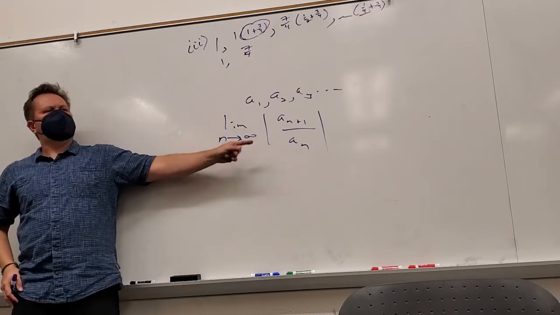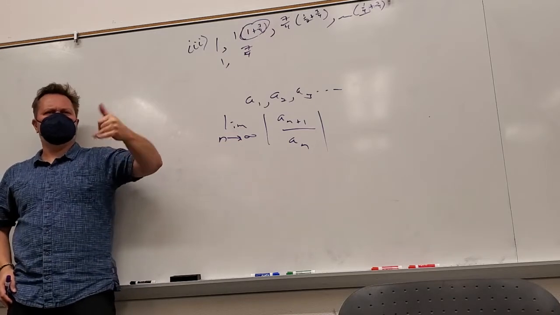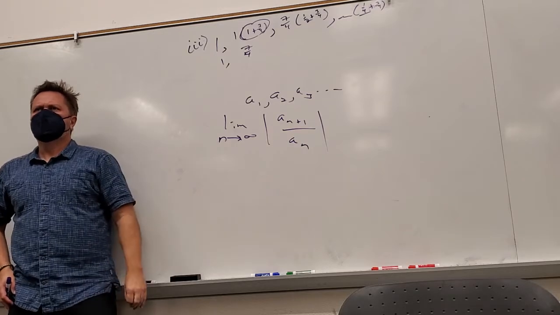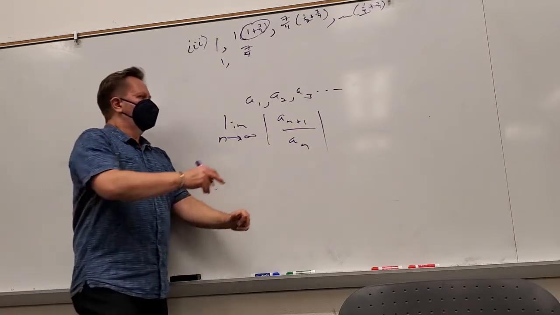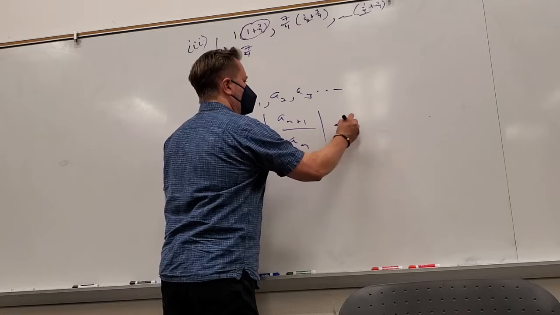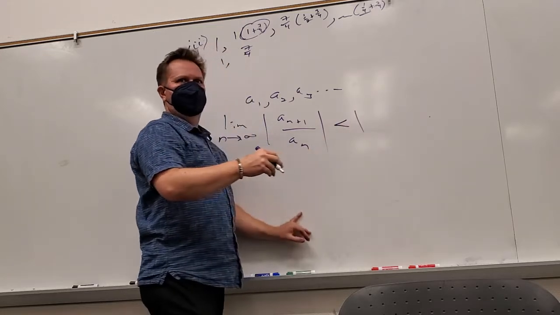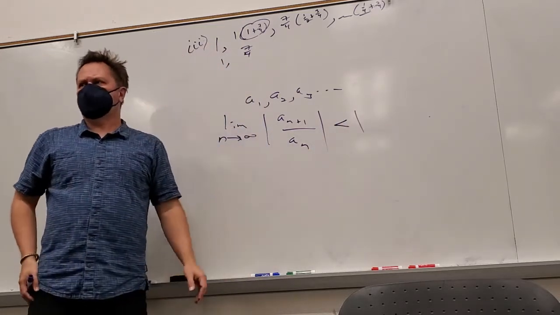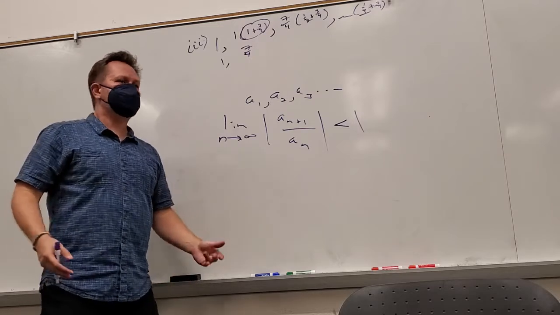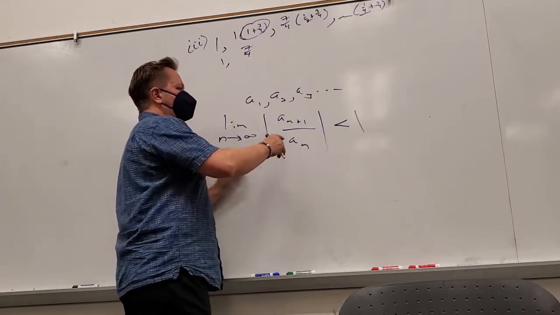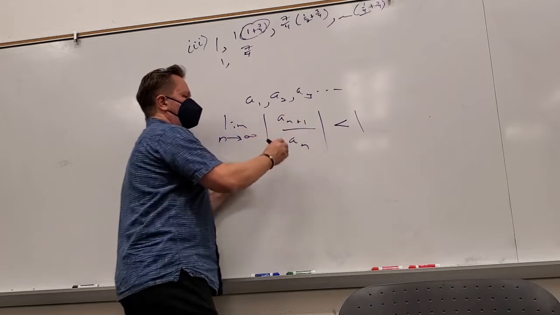So this covers me in case there's any negative weirdness happening, right? I really want this to make sense. If this is less than 1, then this series converges.